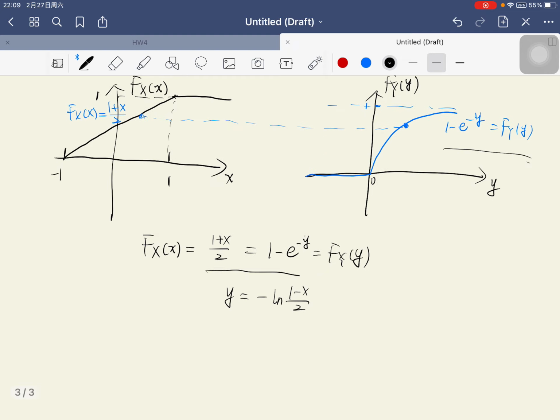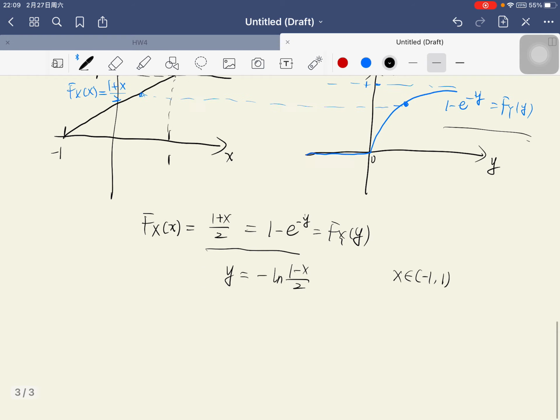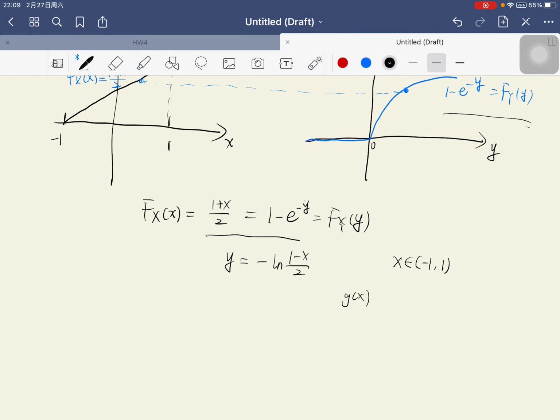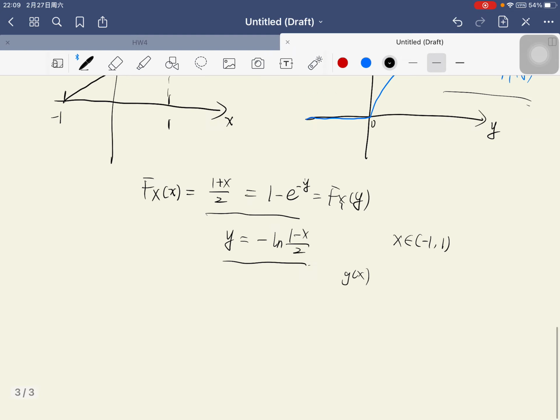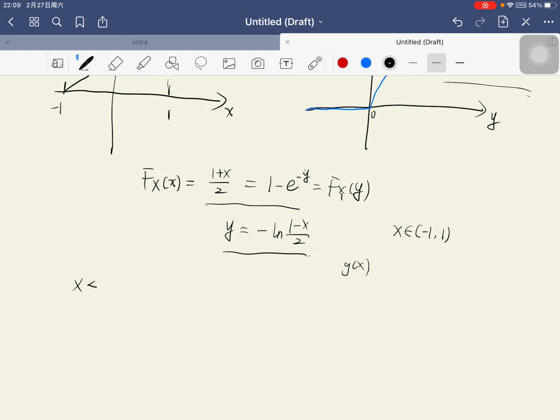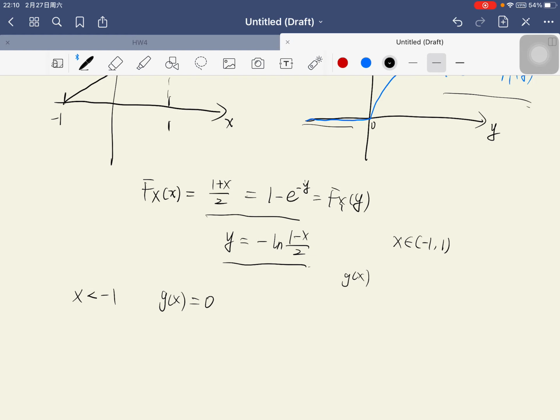So for x from the interval -1 to 1, g(x) is this function, but when x is below -1, g(x) is 0, which is also 0 in this part, and for x over 1, g(x) is equal to infinity.